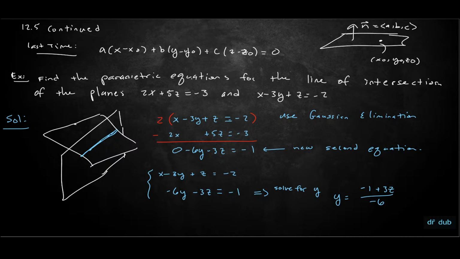So z could be a free variable. It's not determined. But once I know z, then I can know y and ultimately x in terms of z.